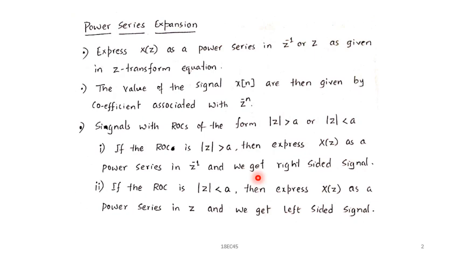You divide the numerator by the denominator, express X(z) in terms of positive or negative powers of z, then compare with the standard equation of the Z transform and you obtain x(n). Here X(z) is given and you obtain x(n), from the z domain to the time domain signal. One disadvantage of the power series expansion method is that only a one-sided signal can be obtained.